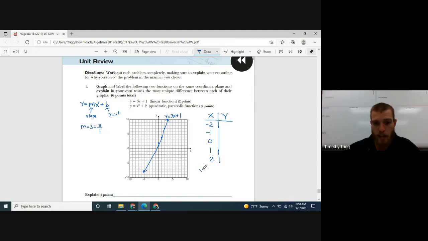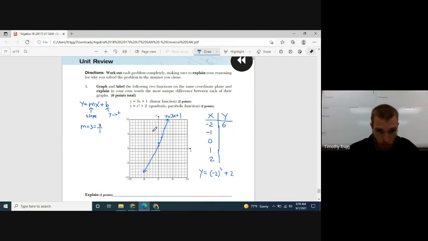The function is x squared, so that's -2 squared, and then a plus 2 at the end. -2 squared means -2 times -2, which is 4. 4 plus 2 is 6. So we have the coordinate point negative 2, comma 6: negative 2 on the x and positive 6 on the y.